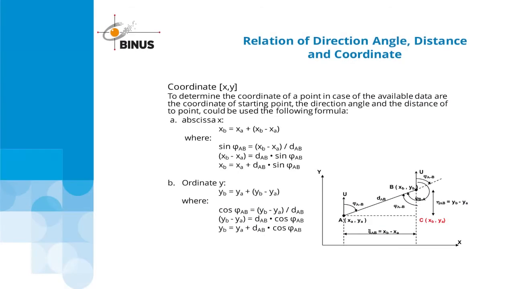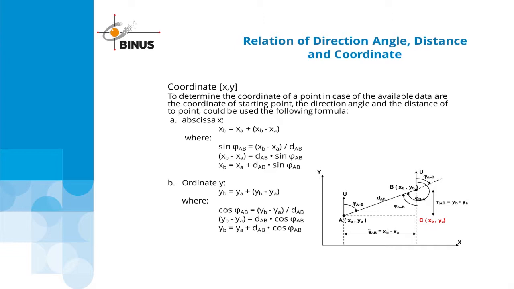Let's see where this formula came from. For point A, to get to xB from xA, you need to add the distance difference of xB minus xA, where sinus azimuth AB is equal to xB minus xA divided by the distance of AB. xB minus xA is equal to the distance of AB multiplied by sinus azimuth AB.